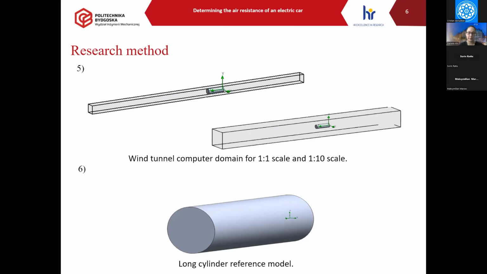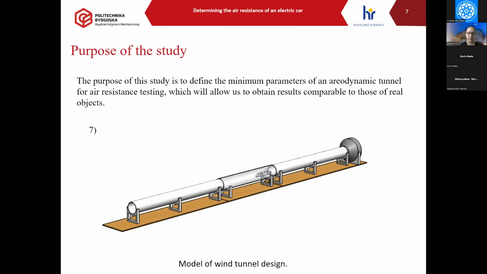In the pictures, you can see the wind tunnel computational domain for both 1:1 and 1:10 scales of a long cylinder and its computer model. First of all, the bolide is a pretty large object, so the construction of both the tunnel and the facilities themselves would consume pretty large resources.